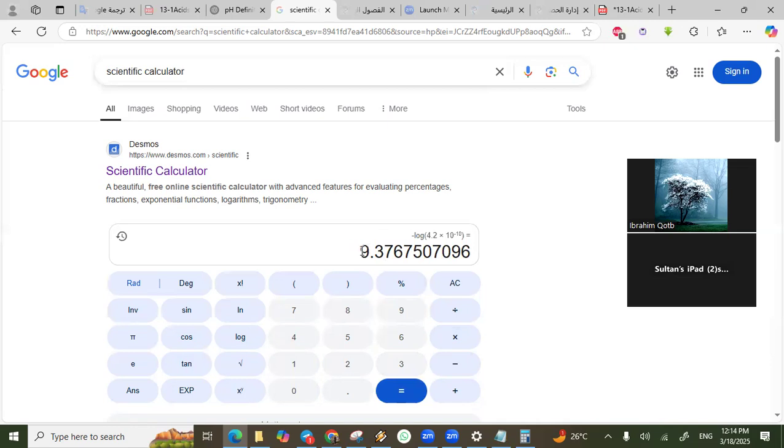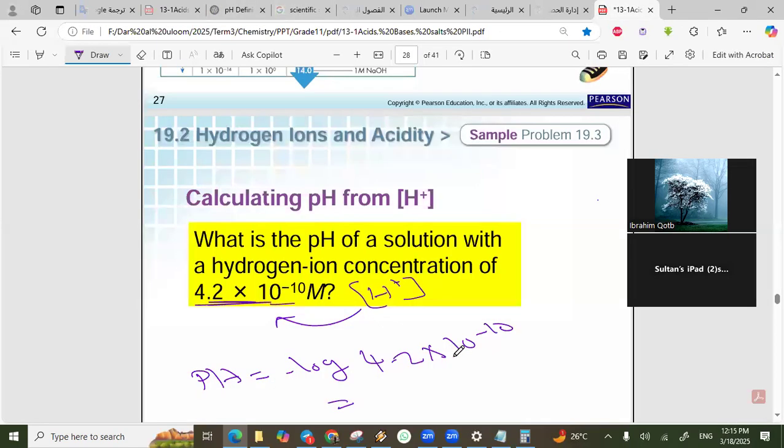It must give you a positive number, that's why I repeated the calculation. The answer is 9.37. Do you think it is acidic or basic? I told you if it is greater than 7, it is basic. The solution is basic.